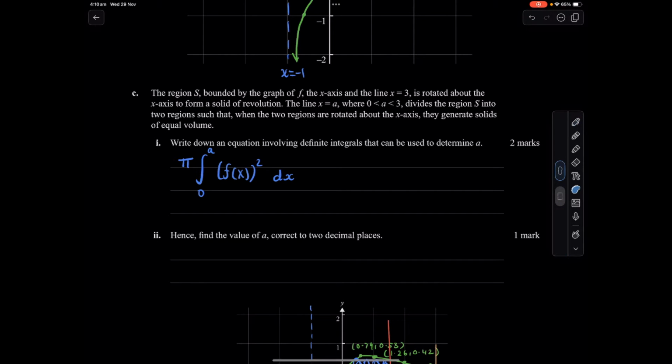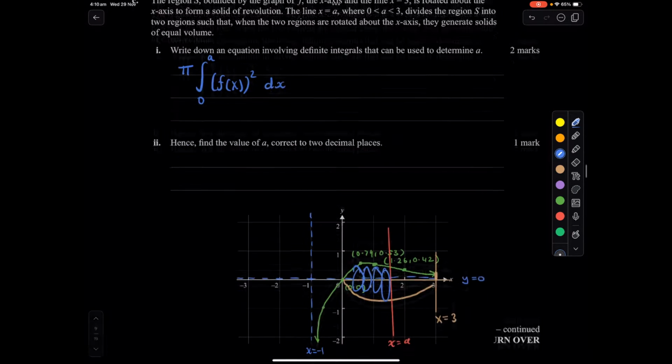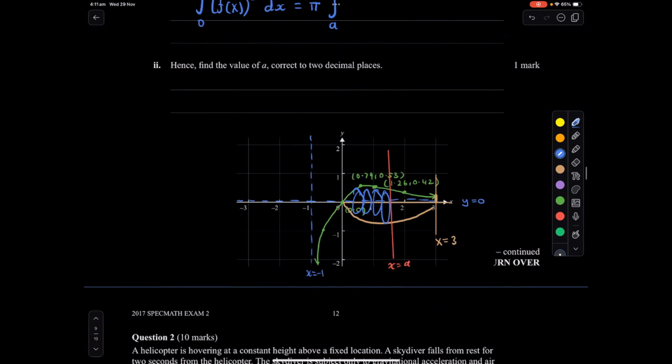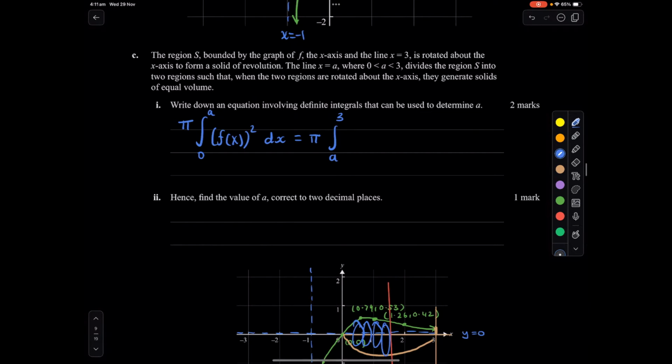So that will give us that area, and that area should equal pi times the integral from a to 3 of f of x all squared dx. Pretty much that's what it should equal, and this equation should give us the value of a.